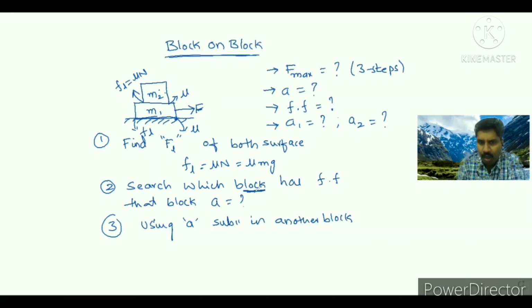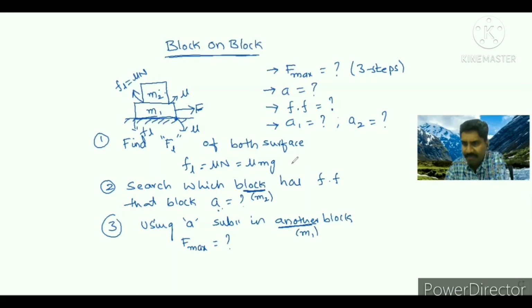Frictional force is developed on the M2 block, and that M2 block's acceleration we got. Both blocks will move together, which means both blocks have the same acceleration. That acceleration you need to substitute in the other block, that is, the M1 block. Then what can we get here? The F max value we can get.